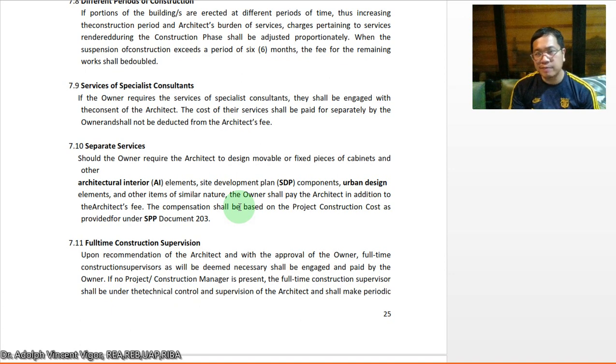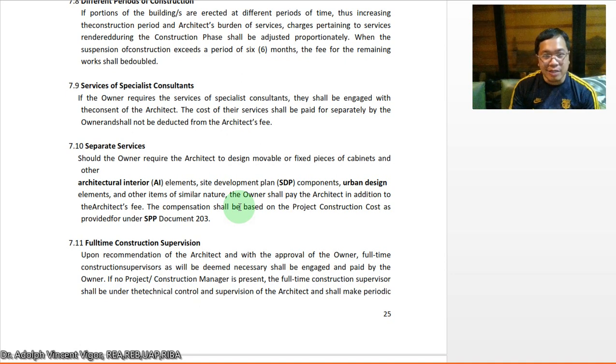So if there are other specialist consultants which shall be engaged by the owner, it is important that the architect is always informed of those things, because you are the one who prepared the plans and designs, so it would be best if you could integrate also the comments and suggestions of these specialists. Then the fees for the specialist should not be deducted from your professional fee as an architect.